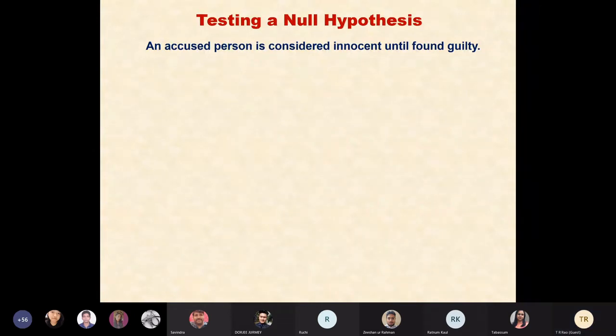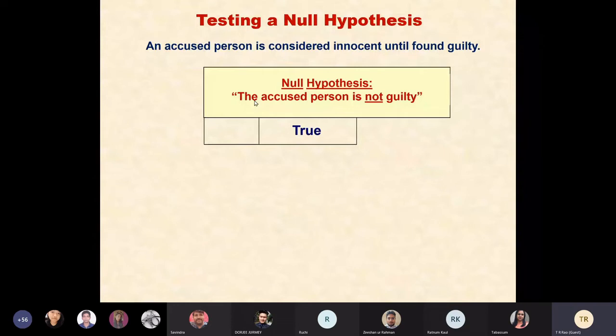If a person is brought to the court for the judge to hear both sides, normally in most countries the law says a person accused is innocent until found guilty by the court. So the null hypothesis is that the guy is innocent. It could be true, it could be false. That means he might be guilty. We don't know, but we assume he's innocent.